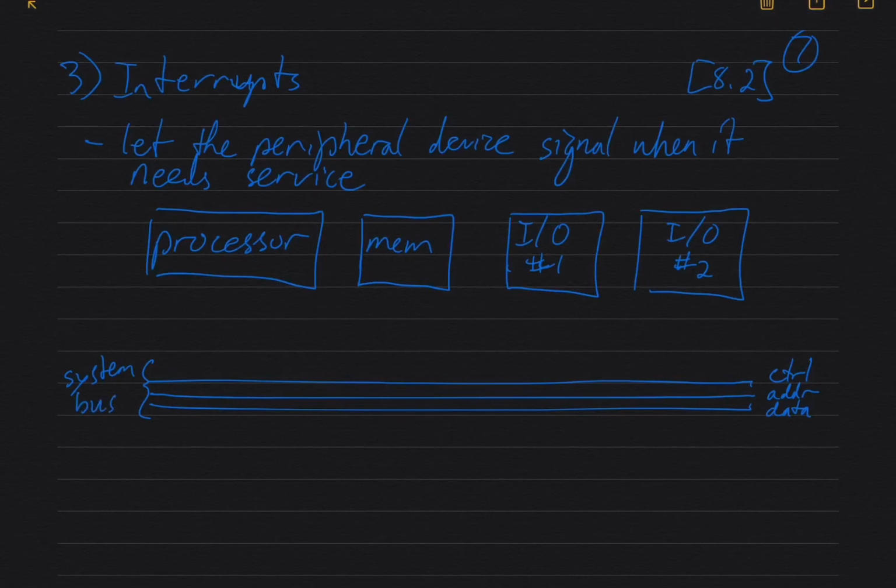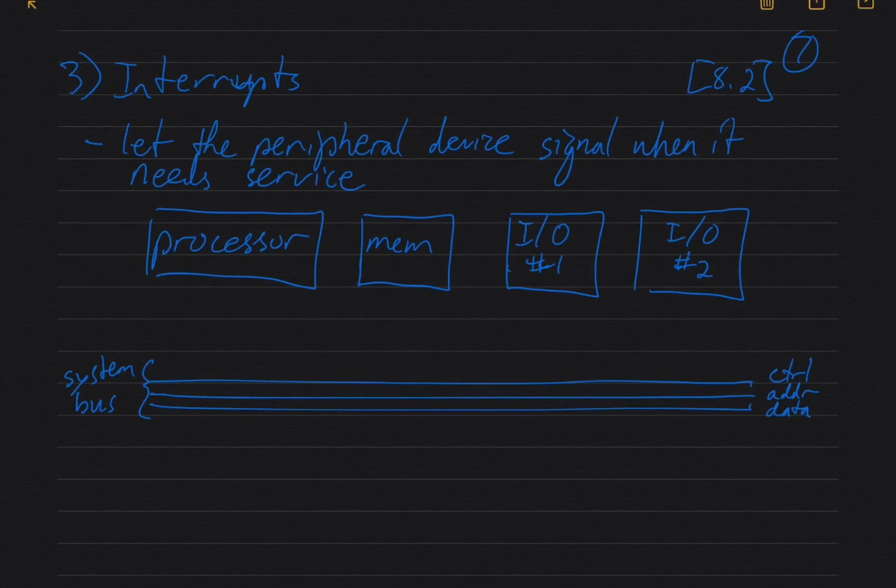So for the ARM, you're likely going to have 32 data lines or wires, 32 address lines, and the number of control signals will depend on the bus, but there will be things like write enable, read enable, stuff like that.